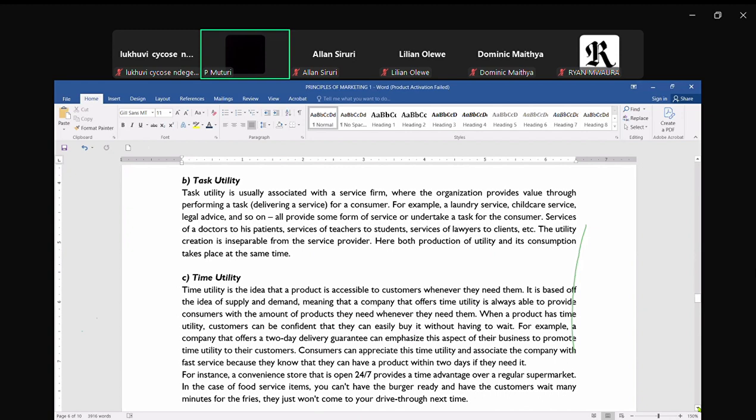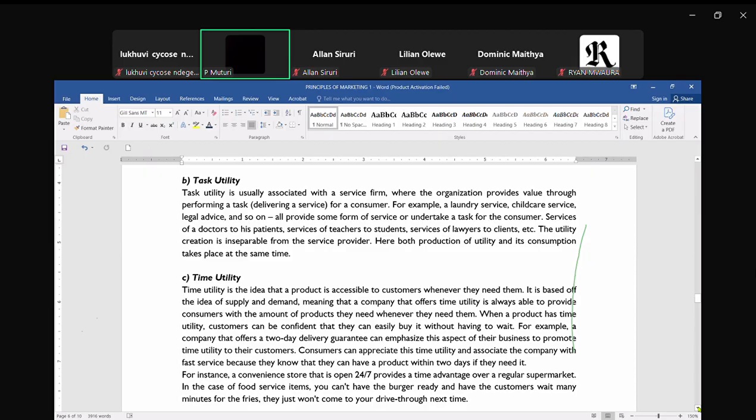But think about services, things like what? Which are the services that you can think about quickly? Banking services or financial services, insurance services, medical services, personal services, laundry services, childcare services, legal services, all those.